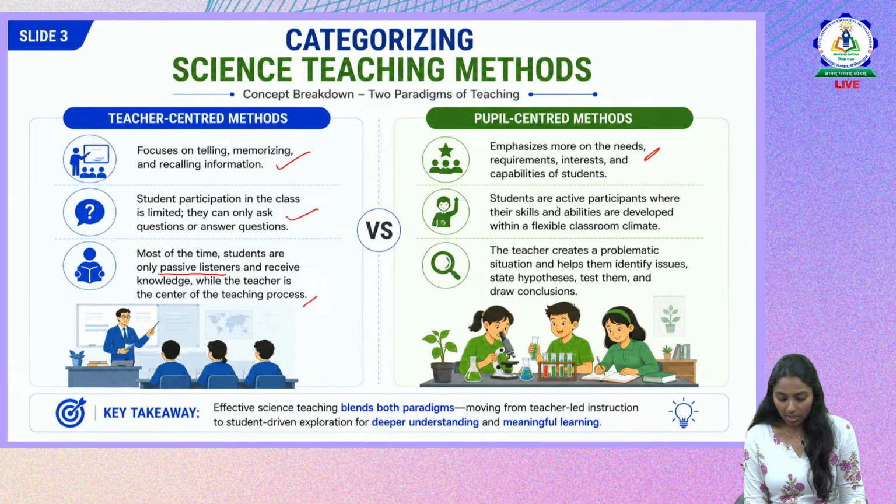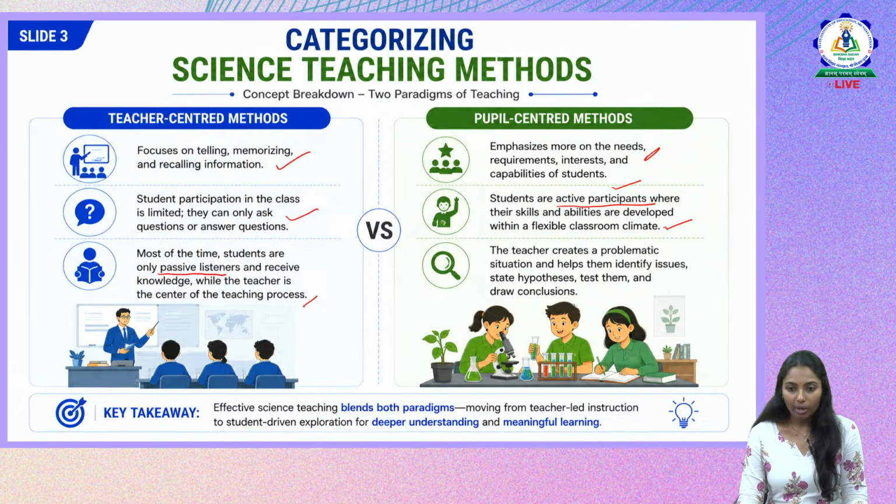Here students are active participants, using the laboratory method or their own inquiry methods. They explore their own skills and abilities. It also makes a classroom flexible, where they can modify their own learning according to their own needs.